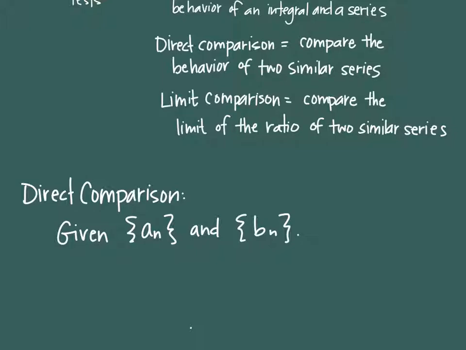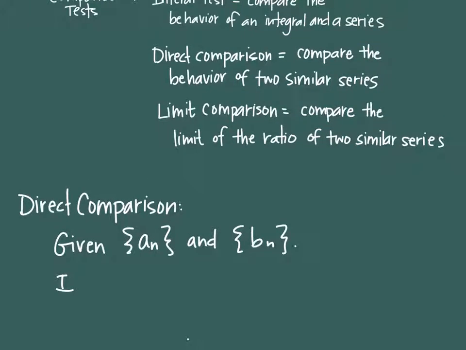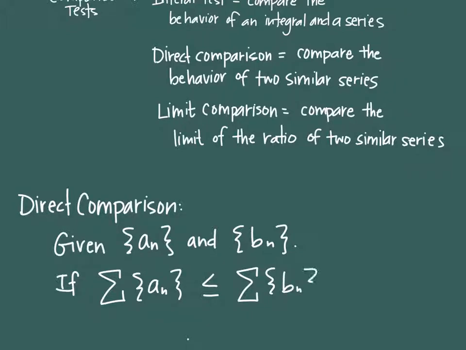So if you've got two separate series, if the sum of the A series is always less than or equal to the sum of the B series, you can do that by growth rates, knowing which one is larger.